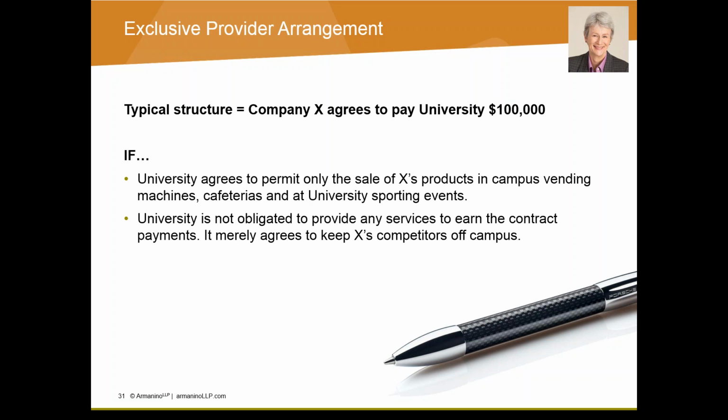And a reminder here, even if you have an exclusive provider arrangement that disqualifies the payment from treatment as a qualified sponsorship payment, it still might not be UBI. It's just that once you determine that it's not a QSP, then you can't use that exception.